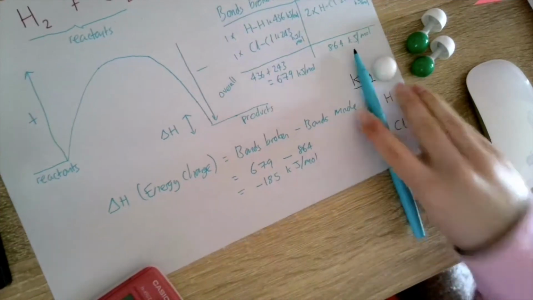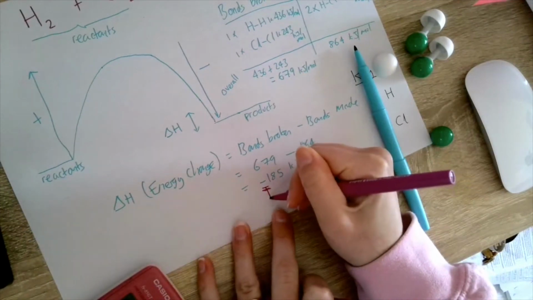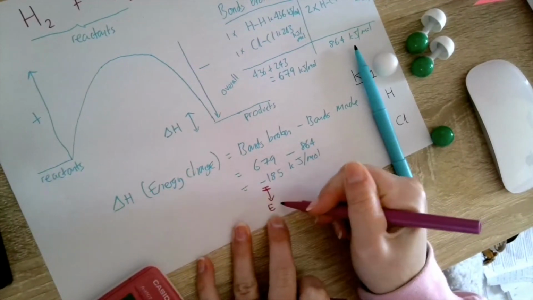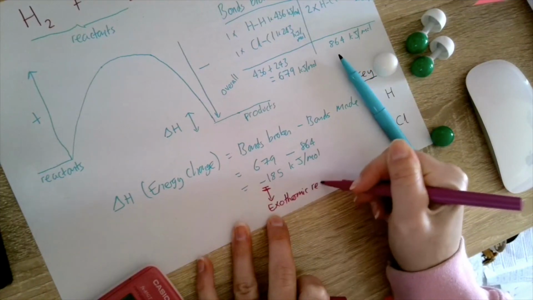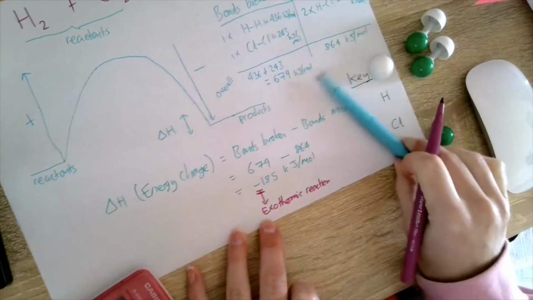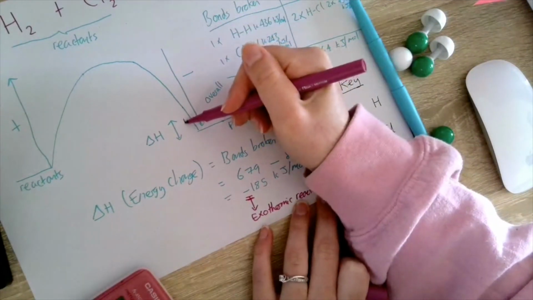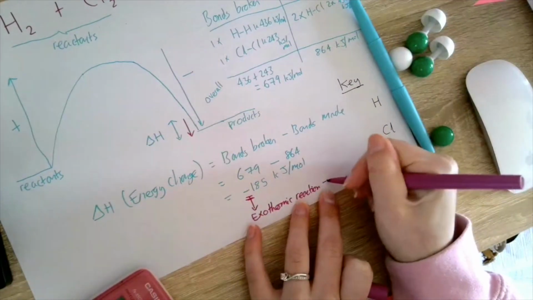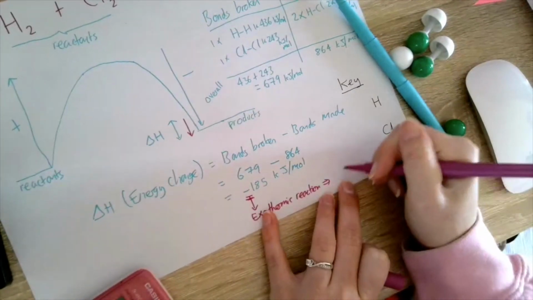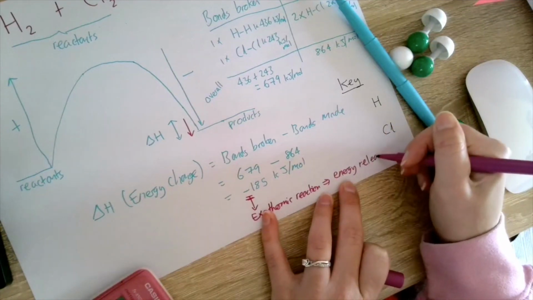Really important to remember to include our negative sign, as this is what tells us that it is an exothermic reaction. As it tells us that overall our energy has decreased going from reactants to products, and energy has been released to surroundings.